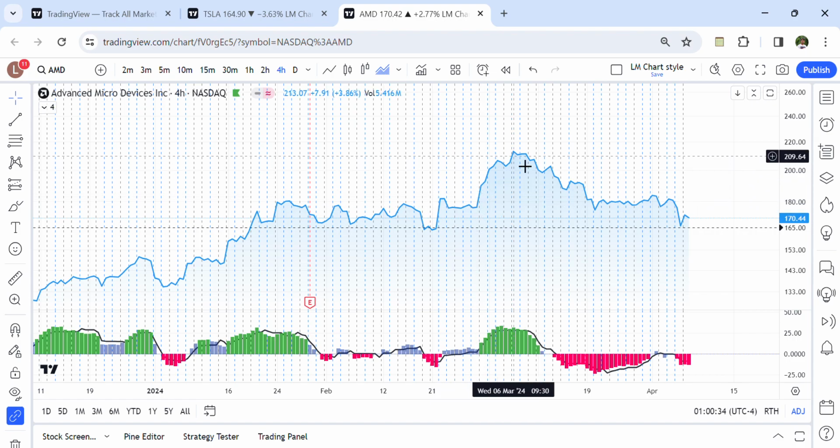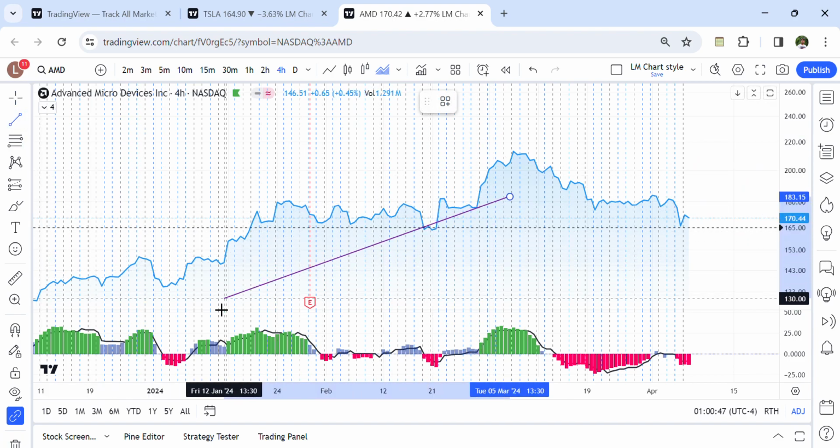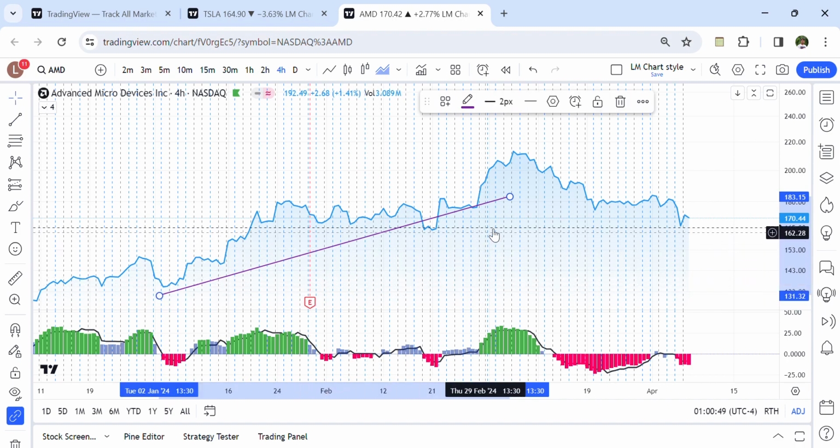After 5 days only it started going up. So instead of buying on a FOMO basis, fear of missing out, at 182, you can draw a trend line. And maybe you can enter at 176, which is even better for you.